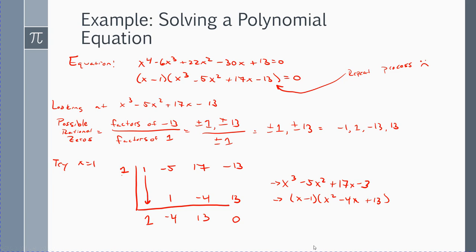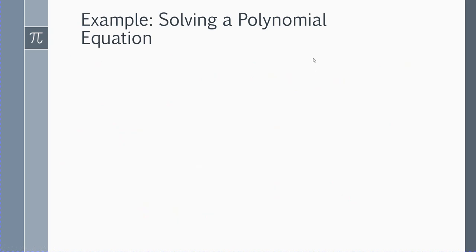So this is what stinks. When you see something to the 4th power, you had to repeat this process twice. But look, we're basically there. Okay. So this is what we started with. We had x to the 4th minus 6x cubed plus 22x squared minus 30x plus 13 is equal to 0.